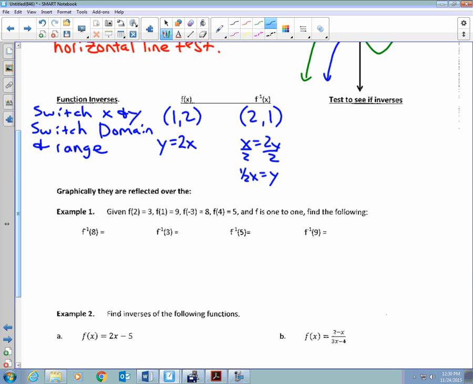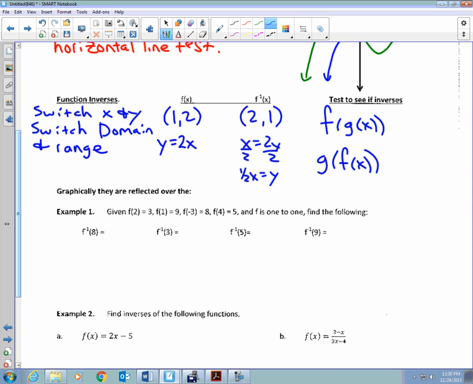Functions do have inverses, just like numbers have inverses under certain operations. The way that we test to see if they are inverses is we compose them, and we must compose them both ways. We take f of g of x and we take g of f of x.